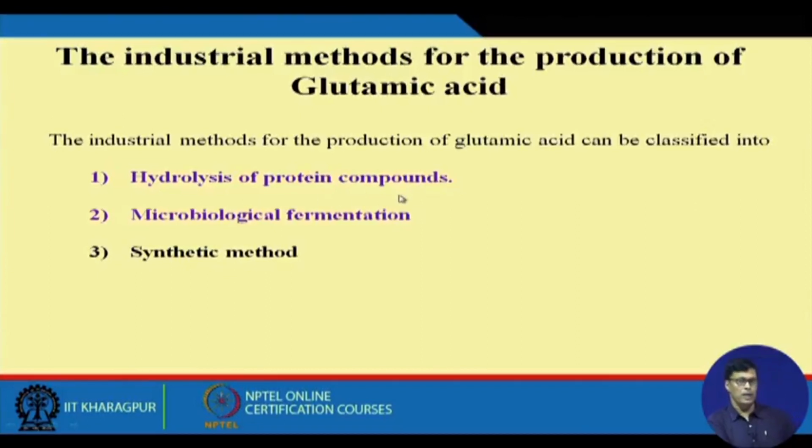As I mentioned, the first identification was done from gluten molecule by the German scientist, and then also microbial fermentation process can produce it, and besides that, chemical processes can also be used for the production of glutamate.